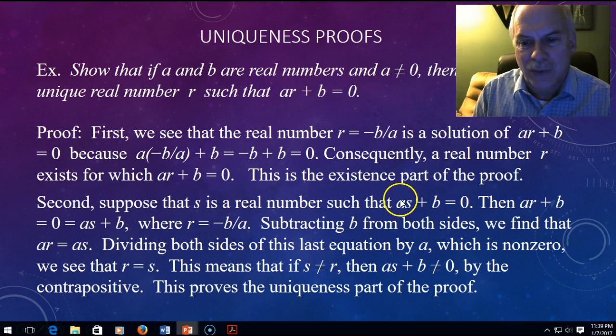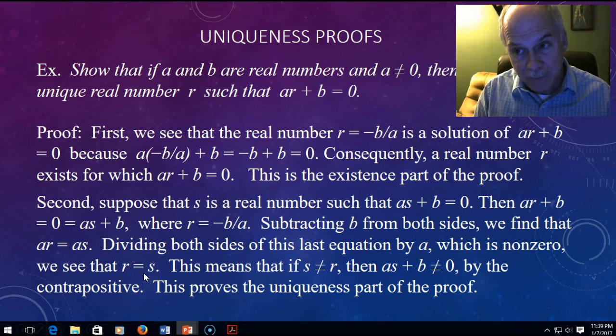Okay, so in the second part of the proof, we had supposed that if as plus b equals 0, so if there's another one where as plus b equals 0, then that would mean that r equals s.